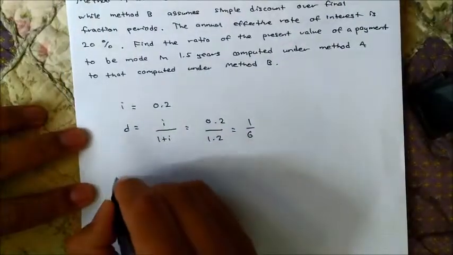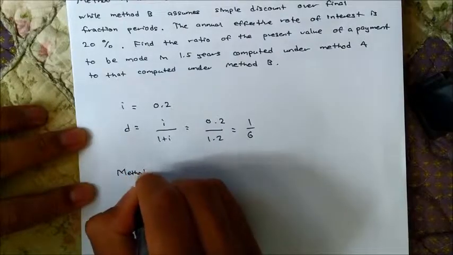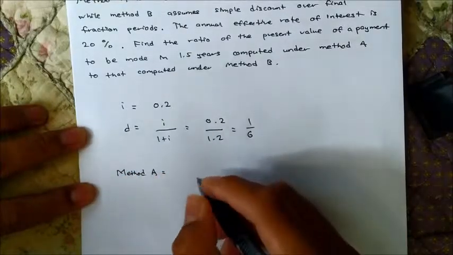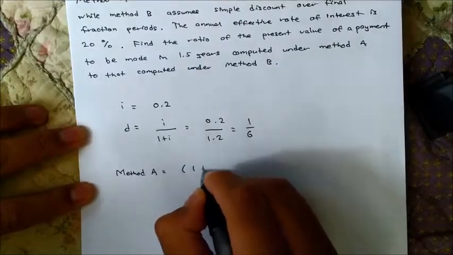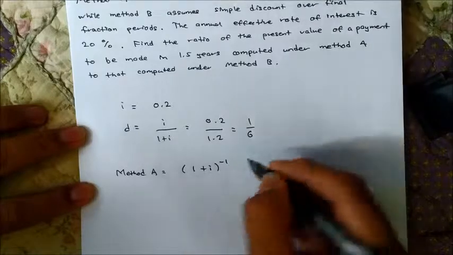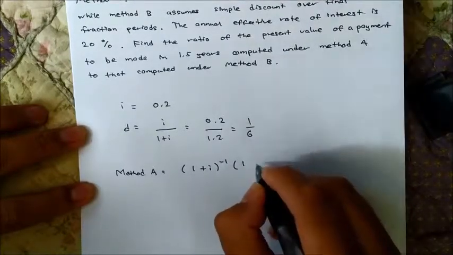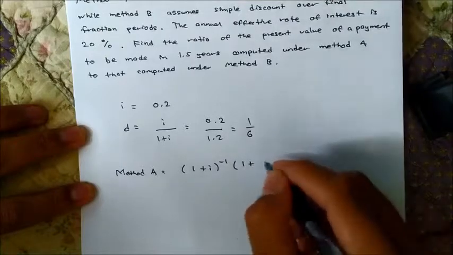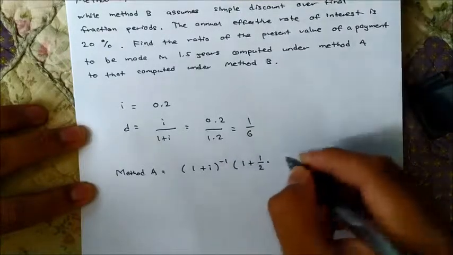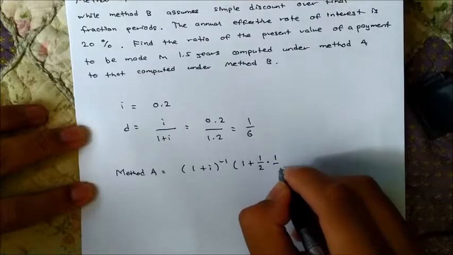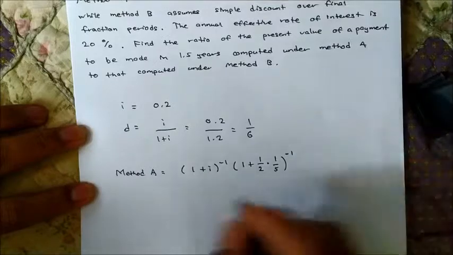Okay, for method A, to find the present value, the formula is (1 plus i) to the power of negative 1 times (1 plus 1 over 2 times 1 over 5) to the power of negative 1.